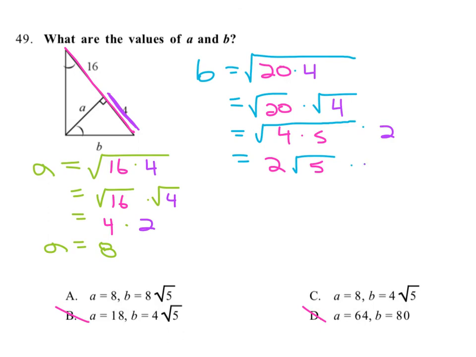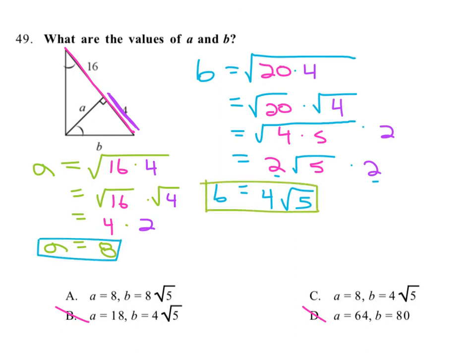Okay, so times that 2, and what is 2 root 5 times 2? It is 4 root 5. We just multiply the numbers, this number and this number. So we get 4 root 5 is what b is equal to. And which one's that? That's C. So C is our answer.